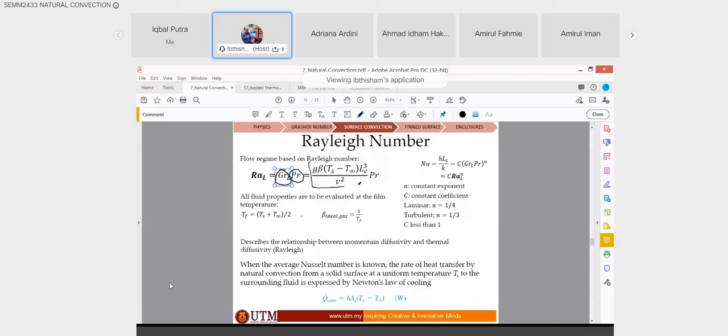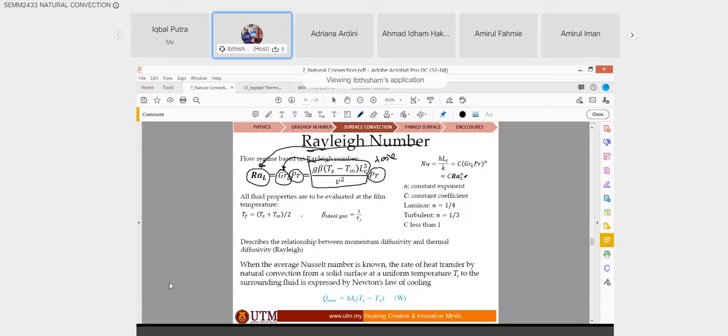This is the Grashof number, which you have looked into a couple of slides before. If you multiply this by the Prandtl number, which you can get from a table, you get a new parameter, the Rayleigh number. So the Rayleigh number is the Grashof number multiplied by the Prandtl number.